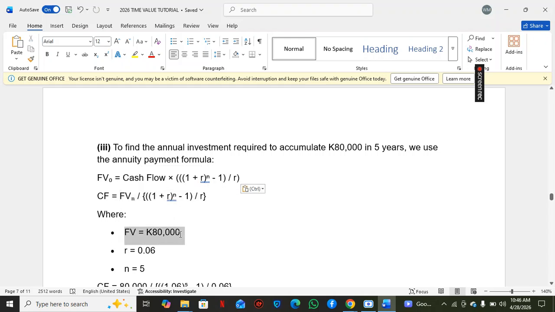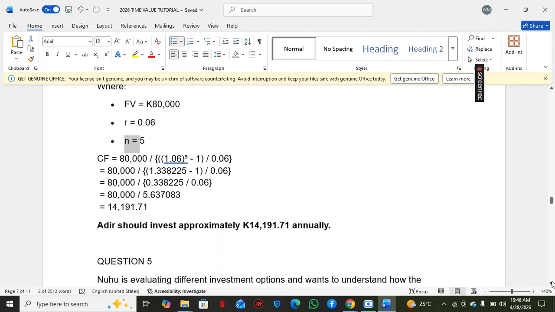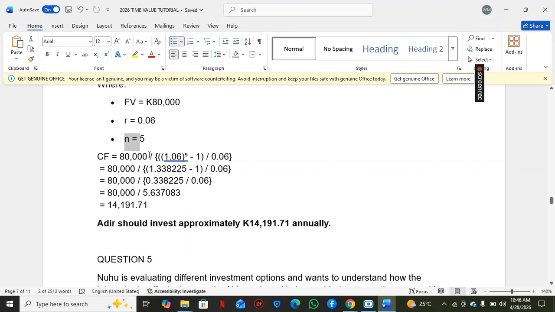So the future value is 80,000, the rate is 6%, time is 5 years. So it's just a matter of substitution. 80,000 over 1.06 to the power of 5 minus 1 divided by 0.06.